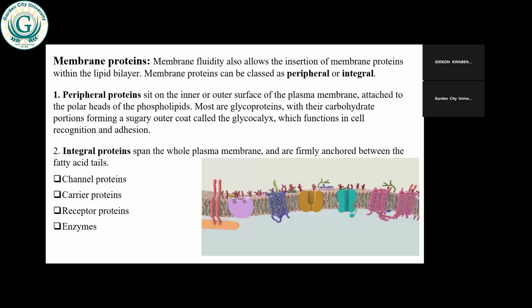When they are bound to lipid, they are glycolipids. So we have these glycoproteins that have carbohydrate portions forming a sugary outer coat called the glycocalyx. There's a lot of these glycoproteins, and that portion forming a sugary outer coat is the glycocalyx. So it's not just one.